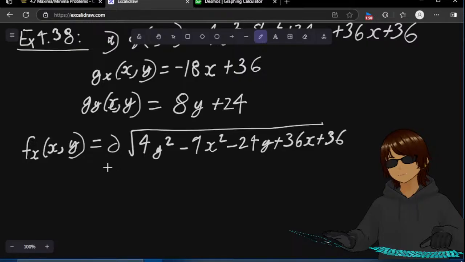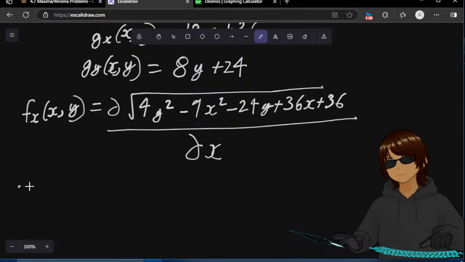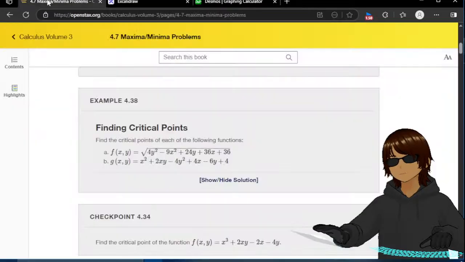Plus 36. So now we use the chain rule, right? Why am I getting confused? Hold on. I want to review the chain rule again.